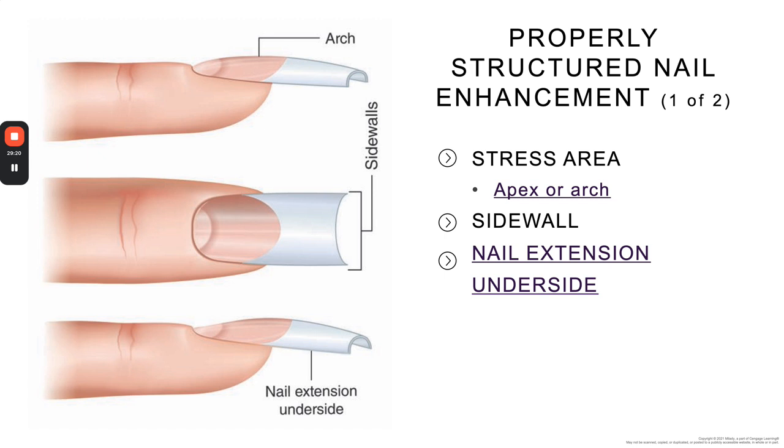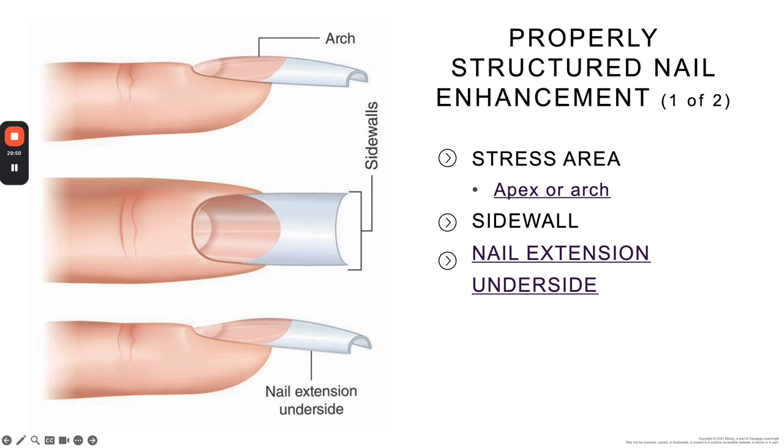So the stress area is where the natural nail grows beyond the finger and becomes a free edge. That area needs extra product and strength to support the artificial extension. Okay. It also becomes the highest point on the nail, so you might want to also write that down. Your apex is the highest point on the nail, and it also should be the strongest point on the nail. Okay.